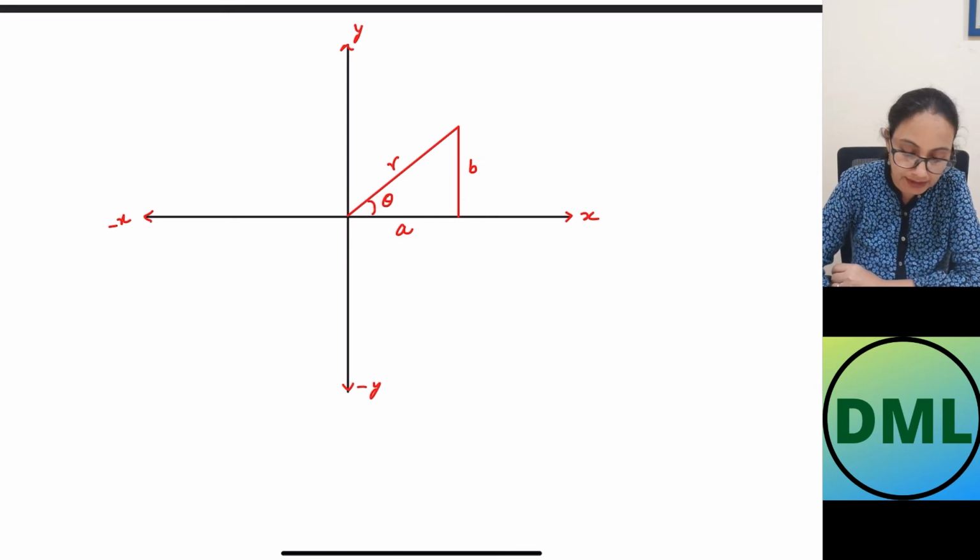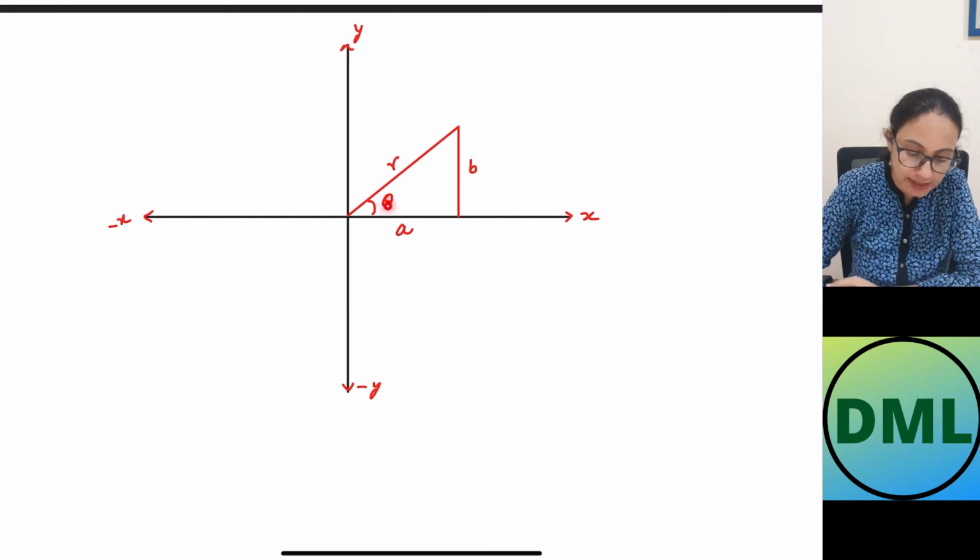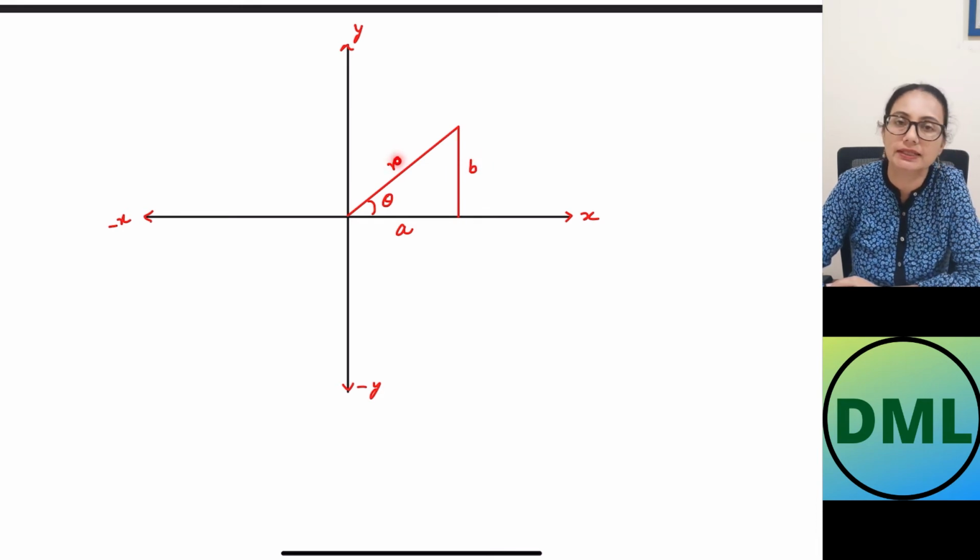This angle is theta and the hypotenuse is R. Now I need to write down the answers for sine theta, cos theta and tan theta. So first is sine theta. For this theta angle, this is my opposite and this is my hypotenuse, because sine theta is opposite over hypotenuse. For this theta, B is the opposite and R is the hypotenuse.